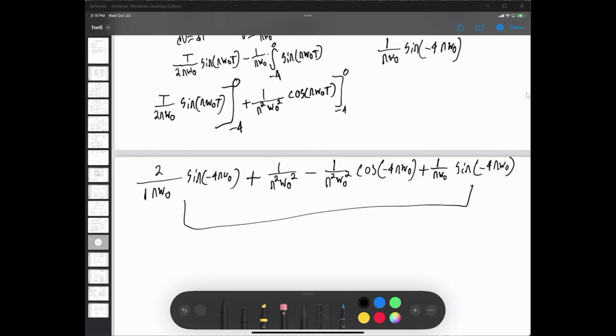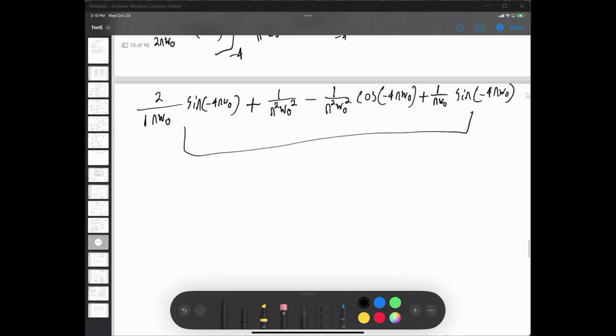We can add those together. So we'll get, what, 3? If they have a common denominator, we'll get 3 over n omega naught sine of negative 4 n omega naught.